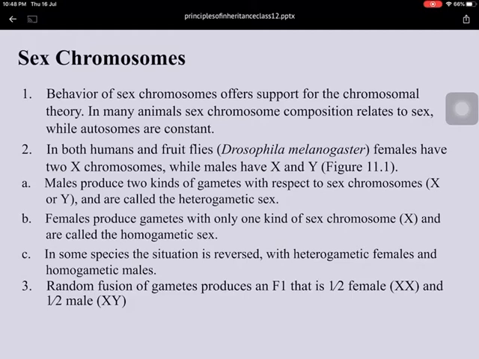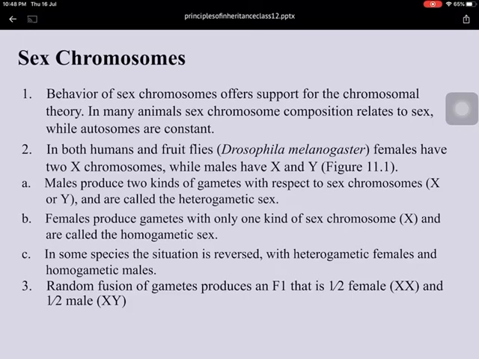The behavior of sex chromosomes offers support for the chromosomal theory. In many animals, sex chromosome composition determines the sex of the offspring, while autosomes remain constant.